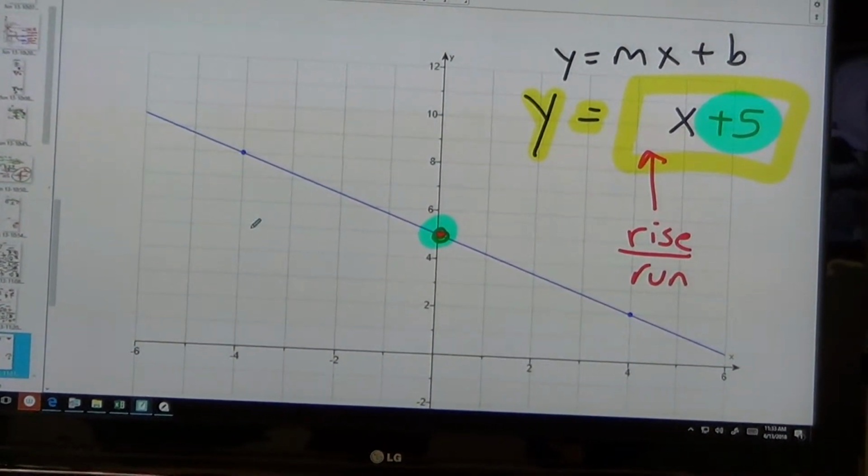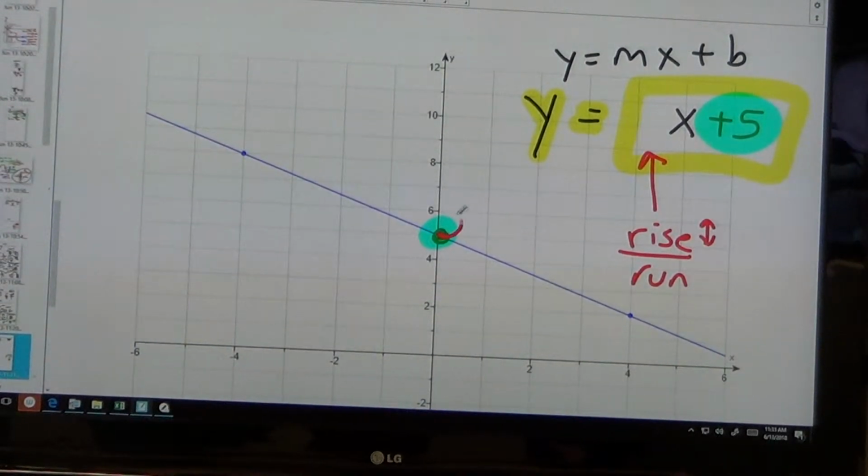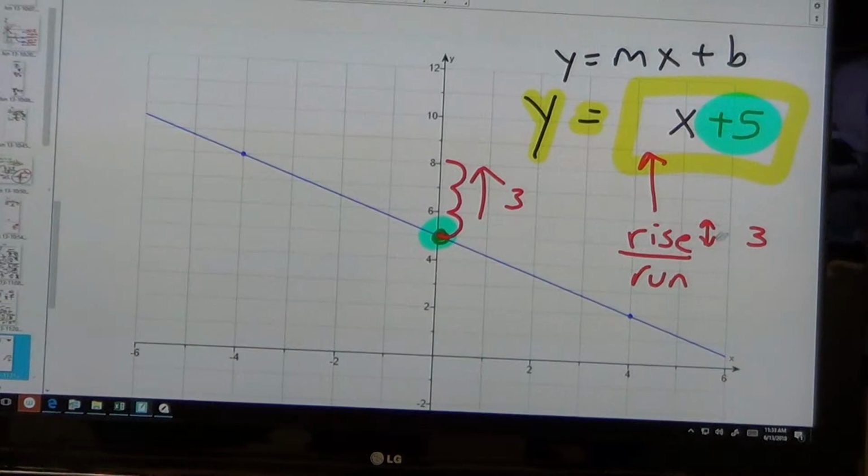Up, okay? So if we talk about rising, 3 up. So tell me what that is. The top number, 3. It's a 3, but what kind of 3? If you're going 3 up, positive.